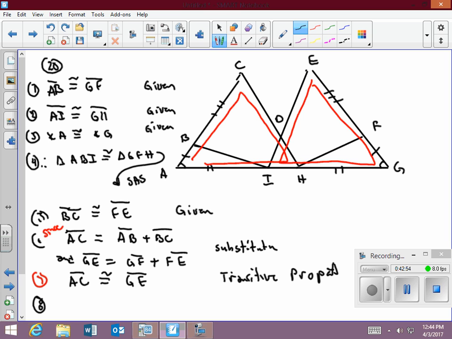Now you have to establish what else. GH and AI. Yeah, you'd have to say the line IH is congruent to the line HI, and that's a reflexive property.